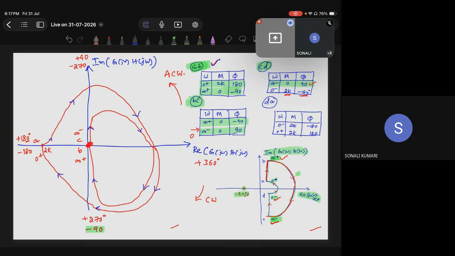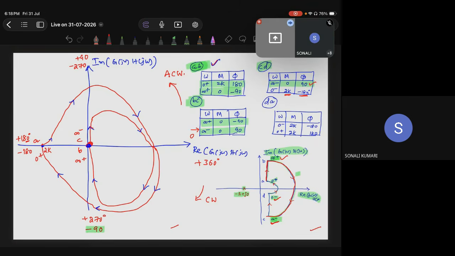Sir, where is the C point, D point? C and B are the same origin only. D point is this. Now we came to this point. That is D point, because C is this.